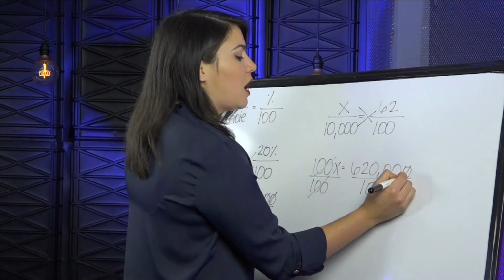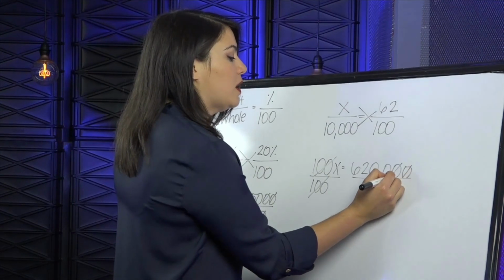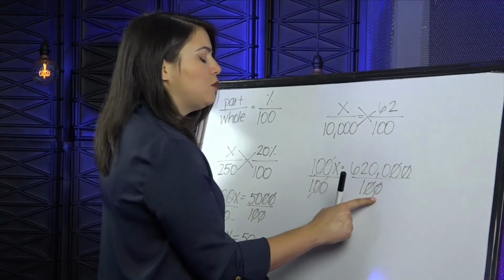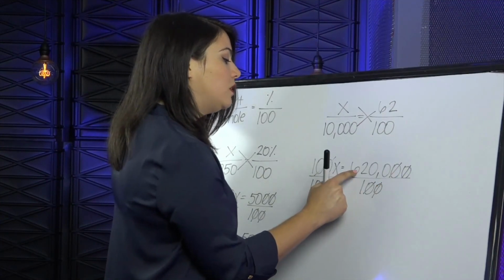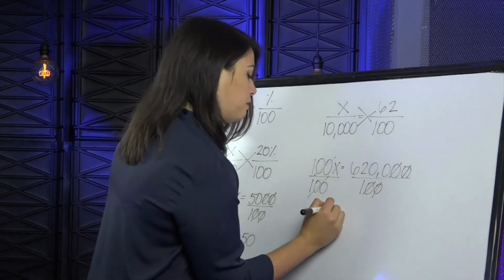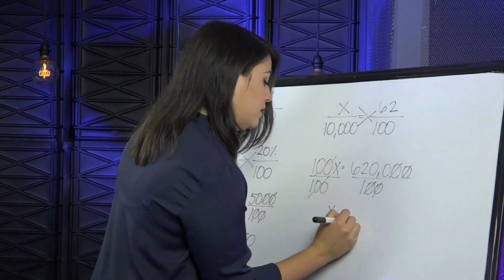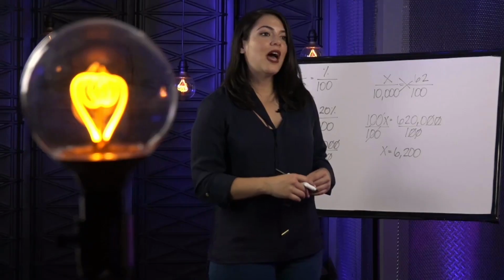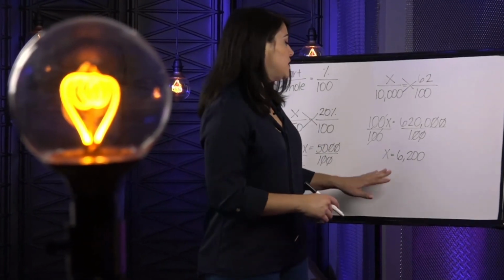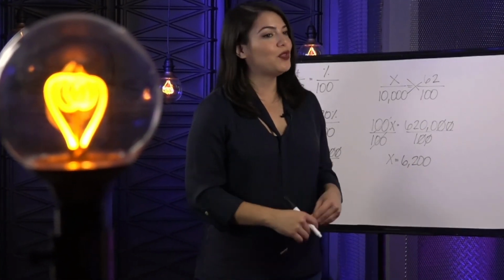And when we have zeros in common on the top and the bottom, we can cross those out. So there are 2 zeros down here that can be crossed out by the 2 zeros up here. We're left with 6,200. x equals 6,200. Out of the households in Fellsmere, 6,200 of them have more than one television.